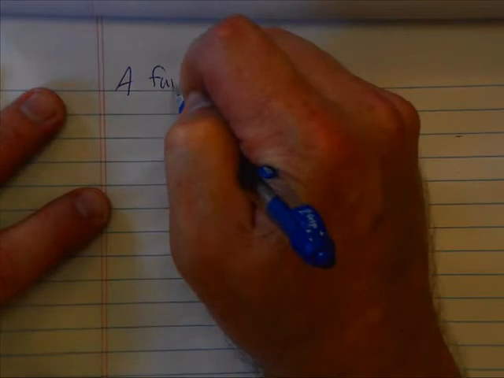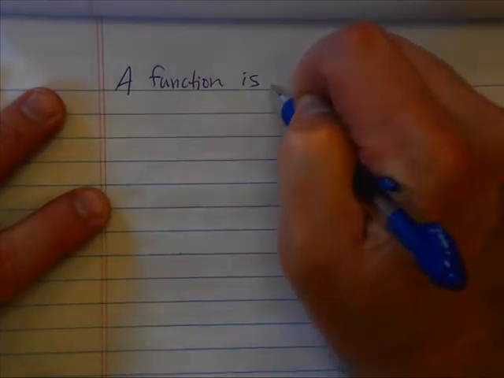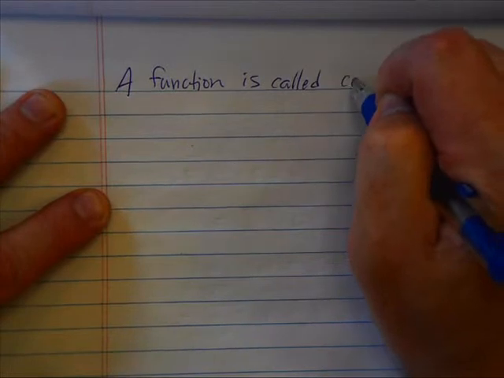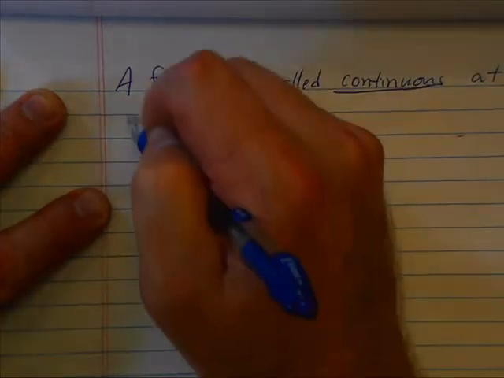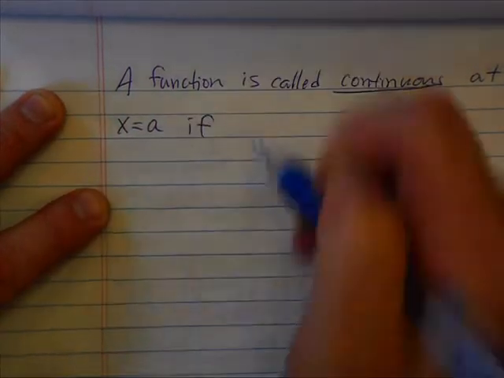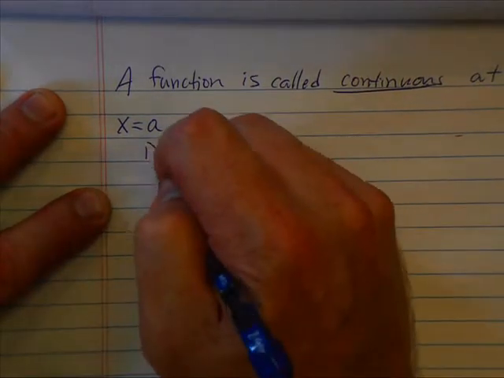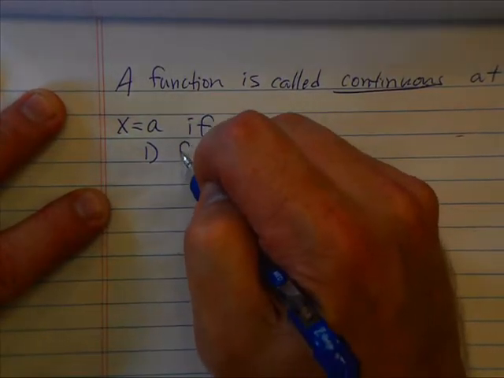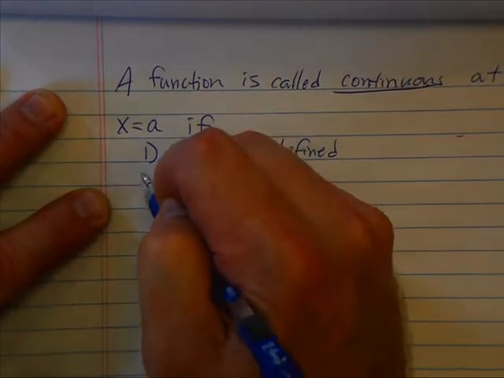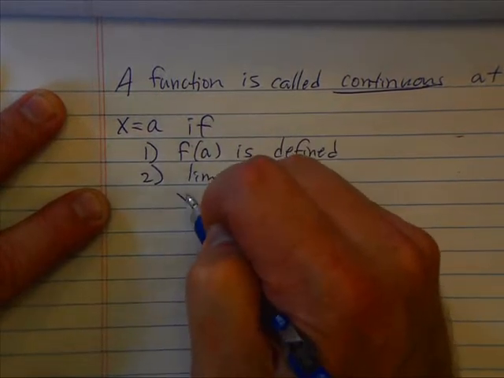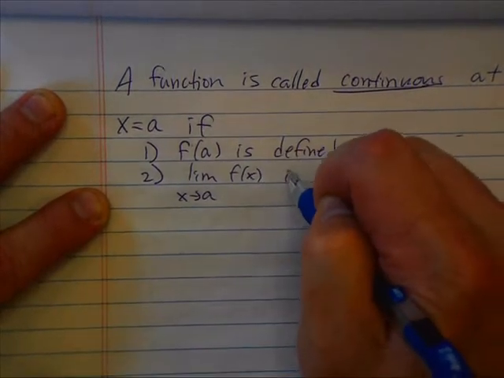All right, so now we need to talk briefly about something called continuous. A function is called continuous at x equals a if three things have to happen. 1, f of a is defined. 2, the limit as x approaches a of f of x is defined.